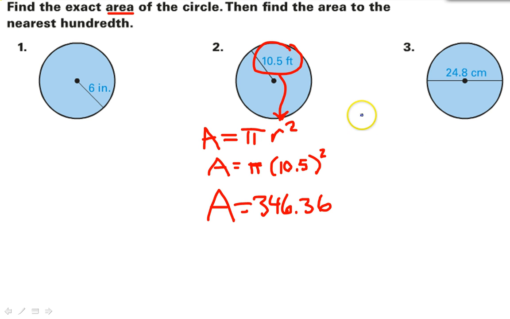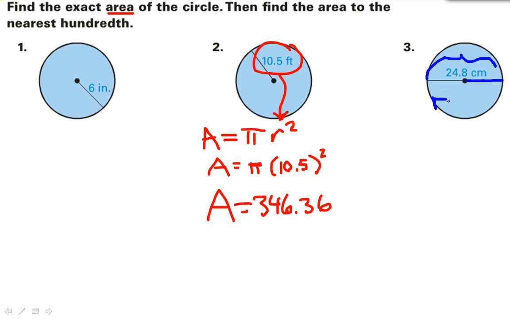You're tedious today. Look at number 3. Number 3 is similar to the previous one, but this time we're not being given the radius, are we? We're given the diameter, okay? We're being given this whole thing. So the radius, how are we going to get the radius? Divide by 2. The radius is simply half of this.